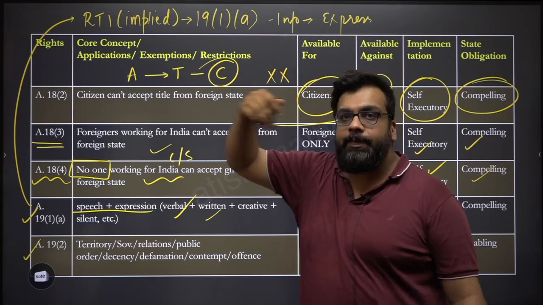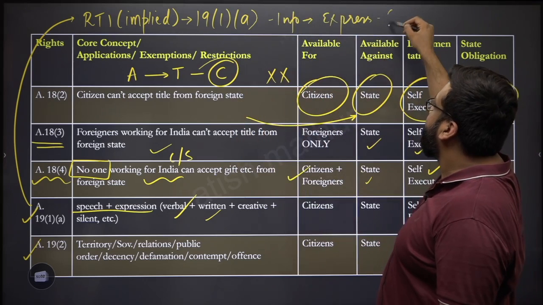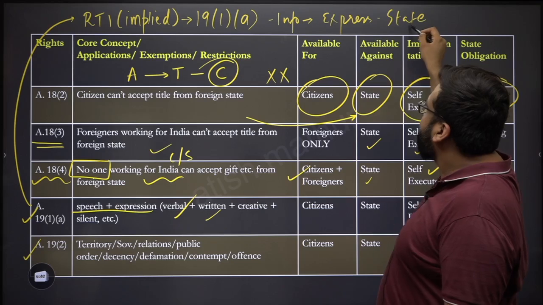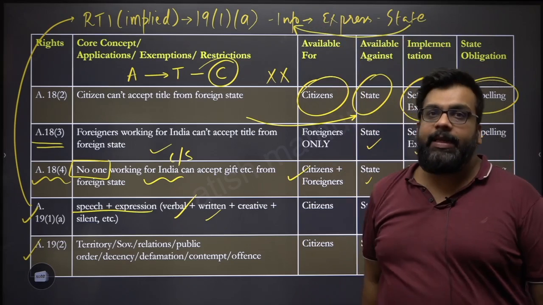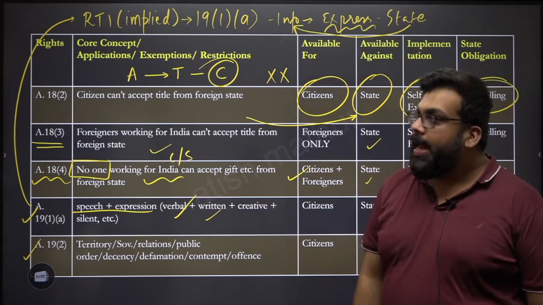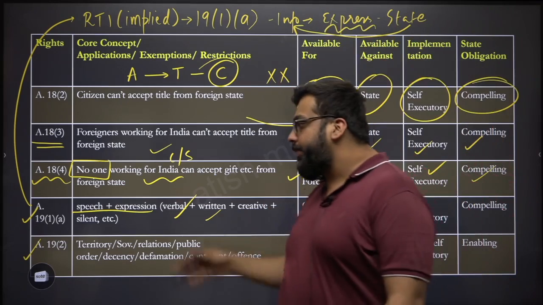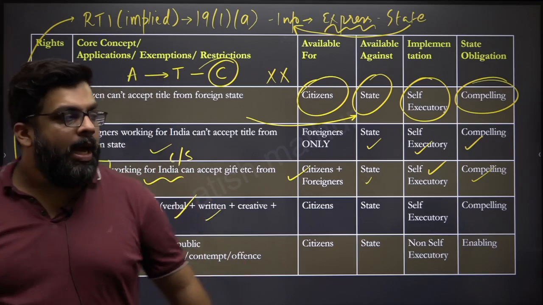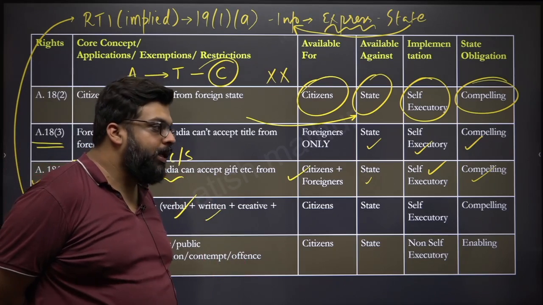And if you want to express your opinion on matters of the state, then the state must empower you with the right information for you to have an accurate opinion on the same. And that is why right to information becomes an implied fundamental right under Article 19 clause 1 clause A.